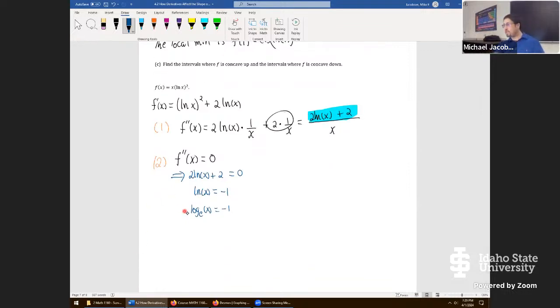Then next, turn it into its exponential form. e to the power of -1 equals x, where same kind of swapping occurs. And now we've done it. This is the critical number, which means it's also a cut point. And so we're now at the step of analyzing the number line to see where the second derivative is positive and where it's going to come out as negative.